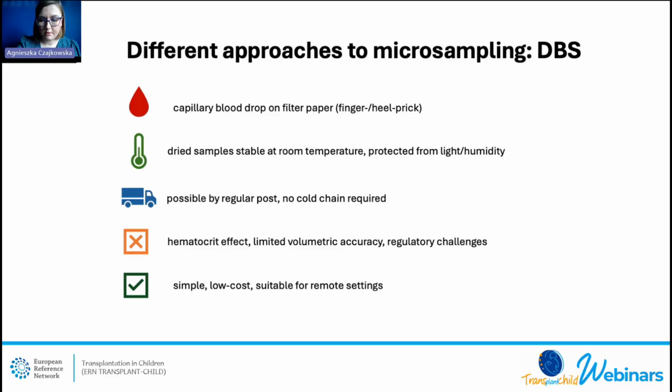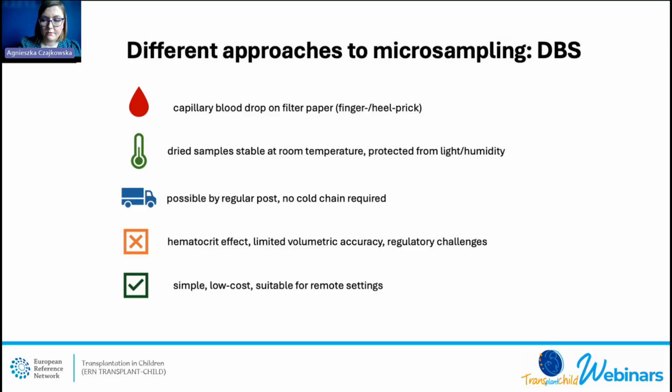This method is very simple, not expensive, and doesn't require special infrastructure. The samples are stable at room temperature, don't require a cold chain, and can be sent by regular mail, which reduces costs. And of course, it has limitations, the most important being the so-called hematocrit effect, which affects the results.